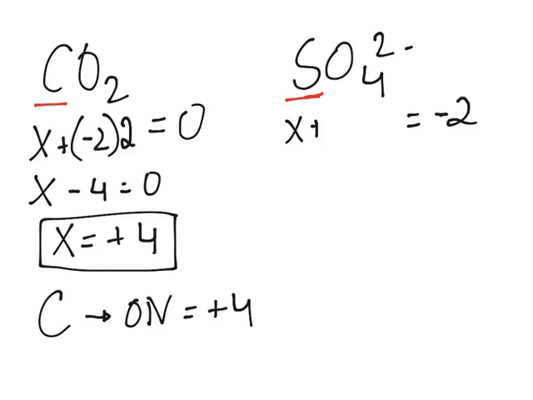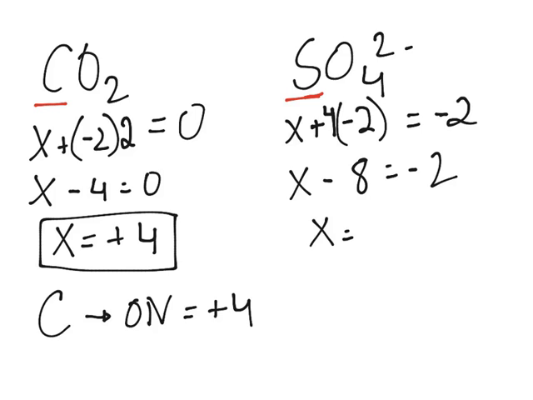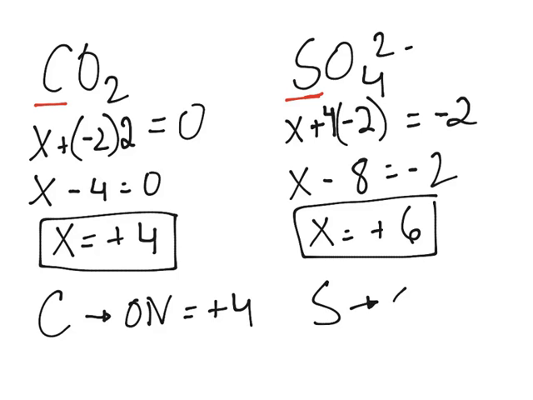Plus, we know that the oxygen will be -2, and we have 4, so you multiply this by 4. So x minus 8 is equal to -2, and we get that sulfur has an oxidation number of +6.